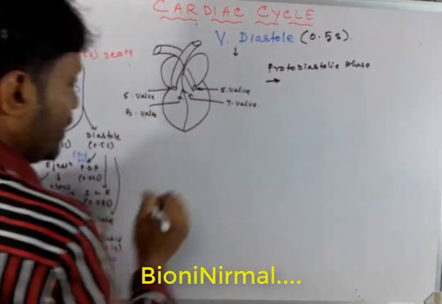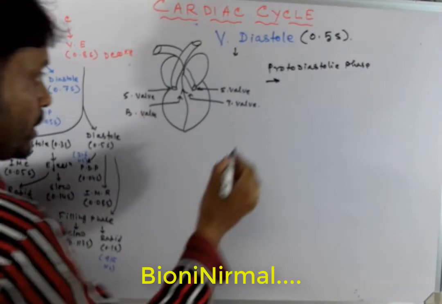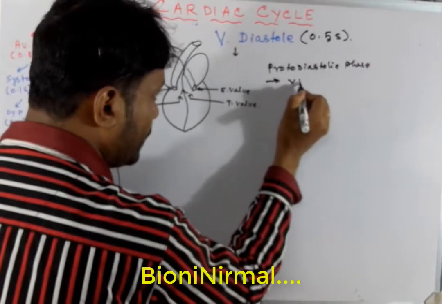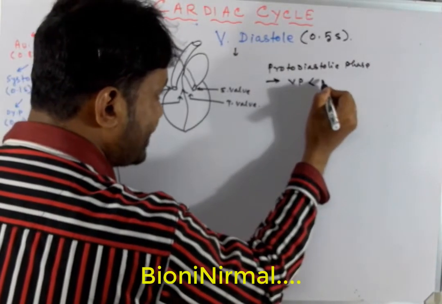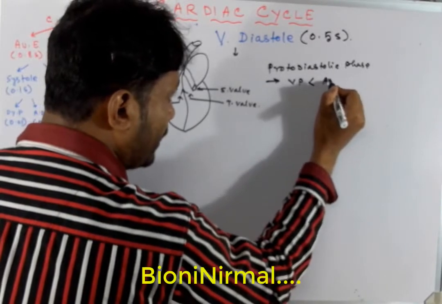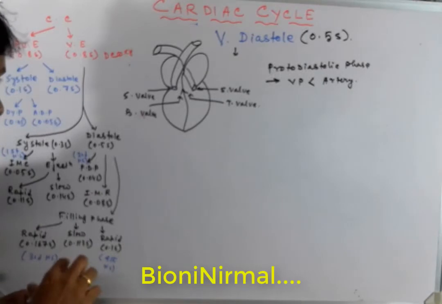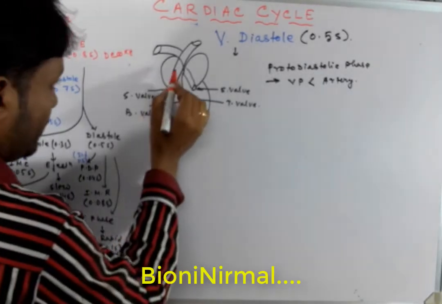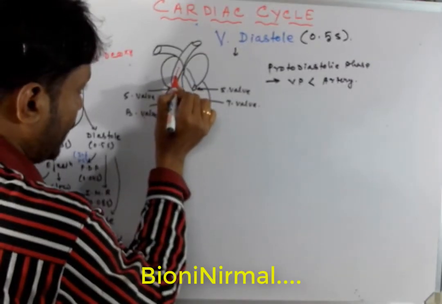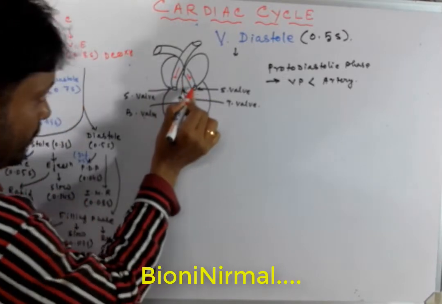Due to the diastole, the ventricular pressure drops so that it is less than the aortic artery pressure, and so the blood from the artery tends to come back towards the ventricle.